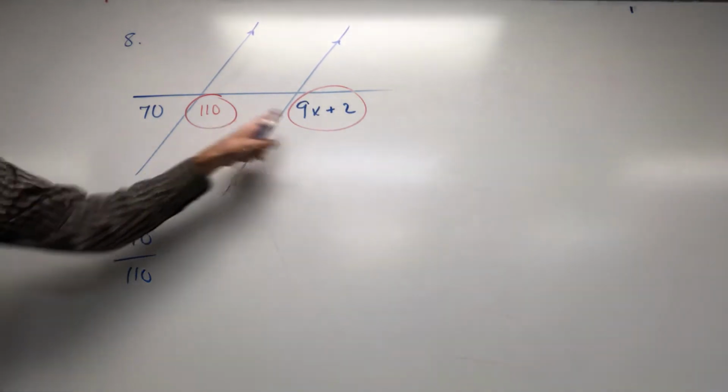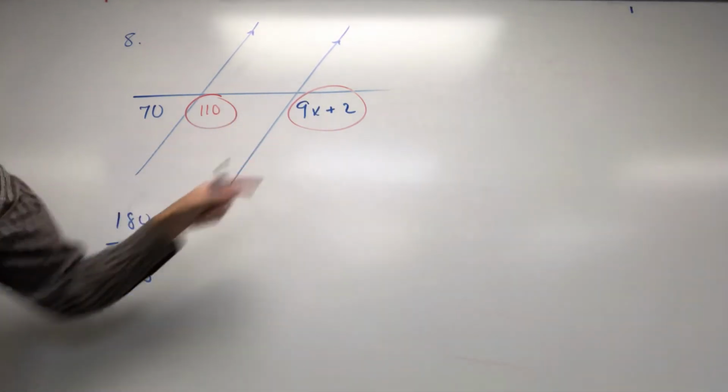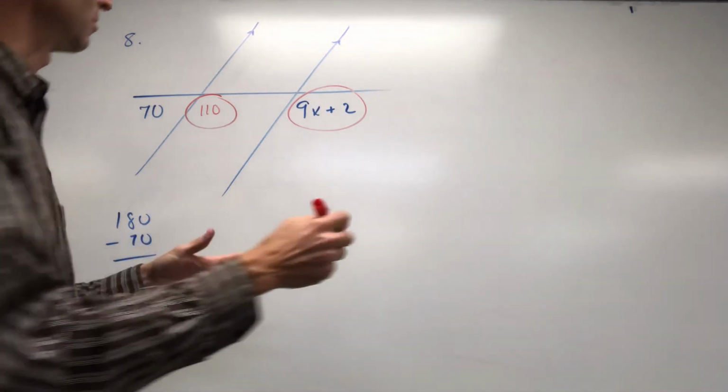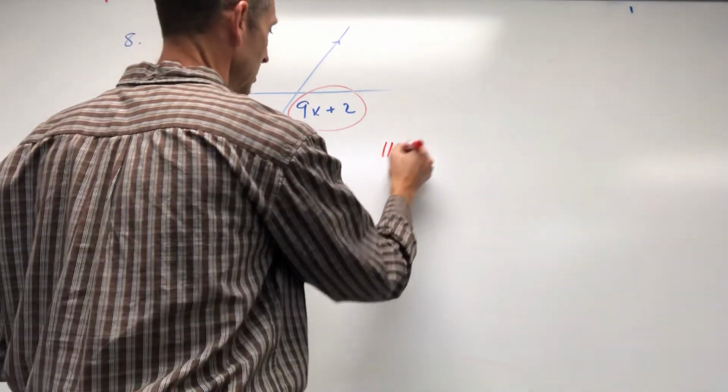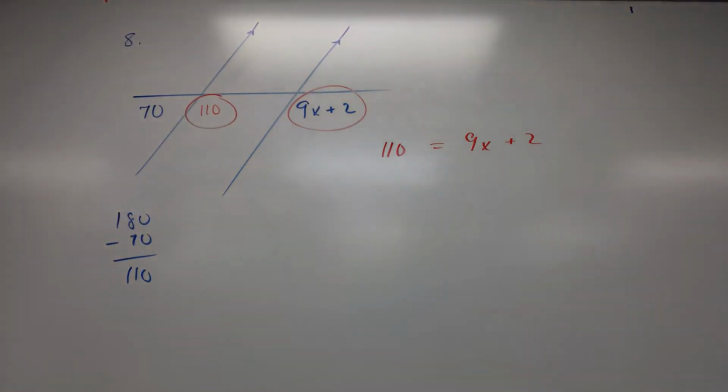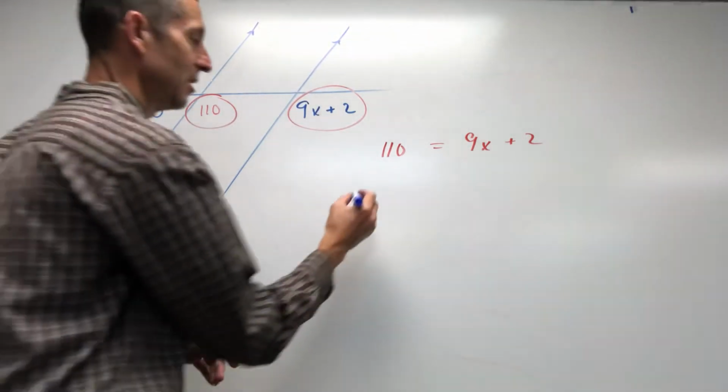I've got 110, I've got 9x plus 2. These are corresponding. If they're corresponding angles, that means we can set equal to each other. So we can do 110 set equal to 9x plus 2. So we got corresponding angles equal to each other.